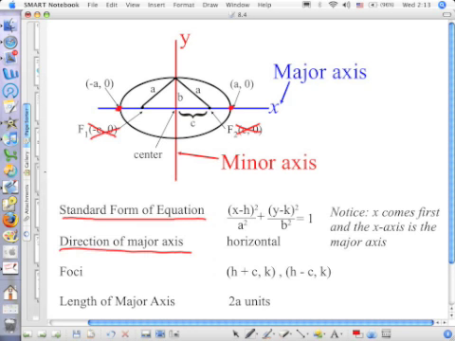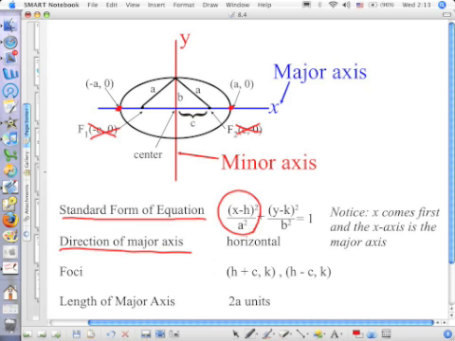Notice when this ellipse is horizontal and the horizontal axis is your major axis, which letter comes first? X. Now what you need to understand is that all things in this fraction pertain to your major axis. Because if my major axis is the x-axis, then my x coordinate goes here.